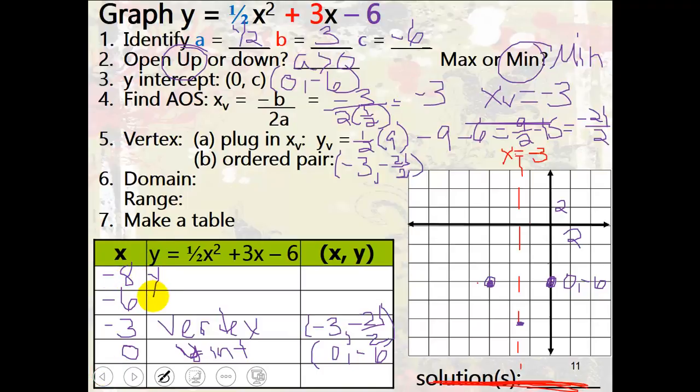So I have y equals 1/2 times 8 squared, which is 64, and this is 3 times -8, that's -24, -6. So these two are -30. This piece right here is +32, so I get -8, +2, which means I'm going to get 1, +2 as well. So I'm going to be here, and I'm going to be here. And then let's just draw this.